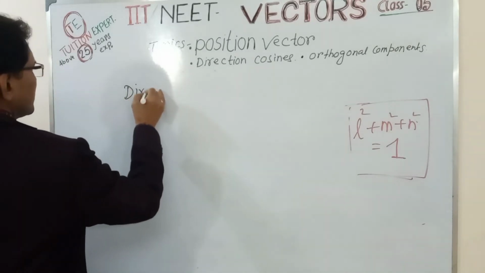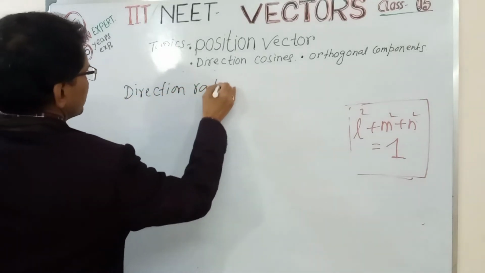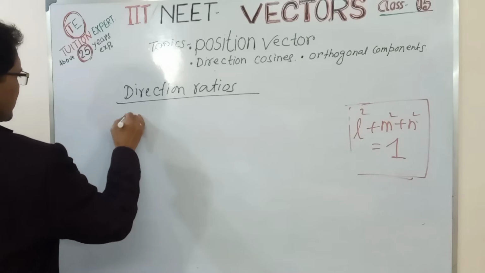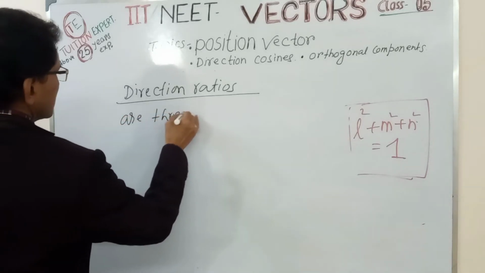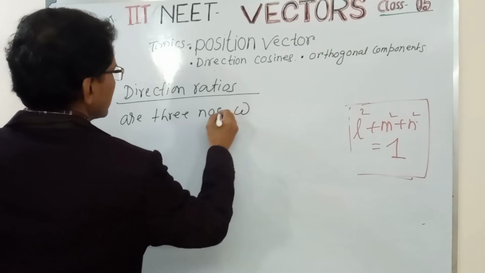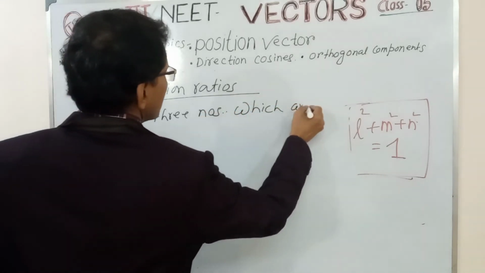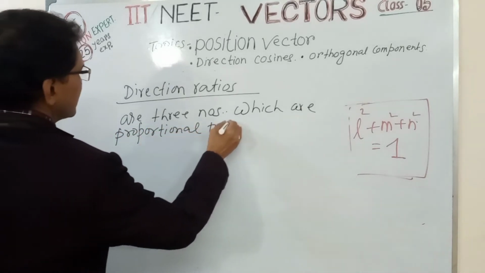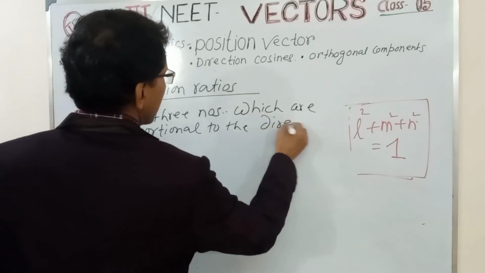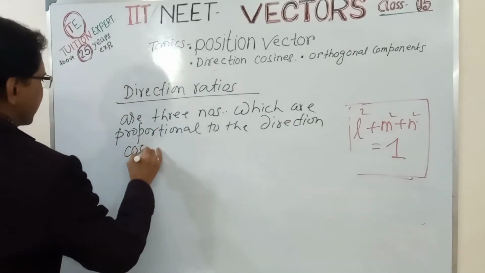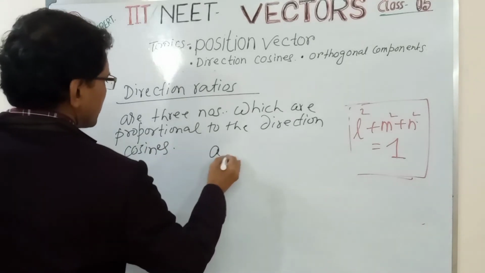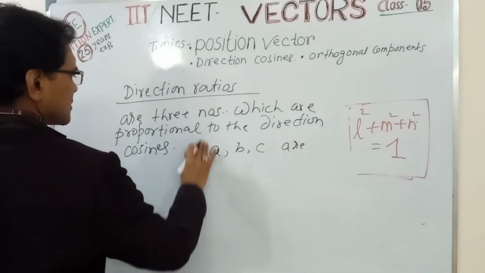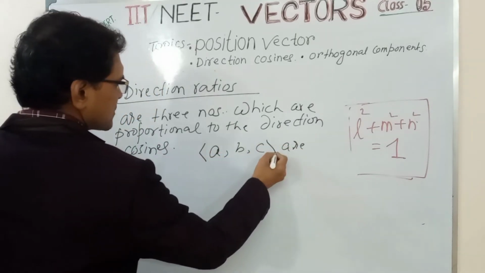What are direction ratios? Direction ratios are three numbers which are proportional to the direction cosines. That is, if a, b, c are the direction ratios, written within this bracket, of a vector or line, we can use direction ratio for a line too, since a vector is also a line segment.